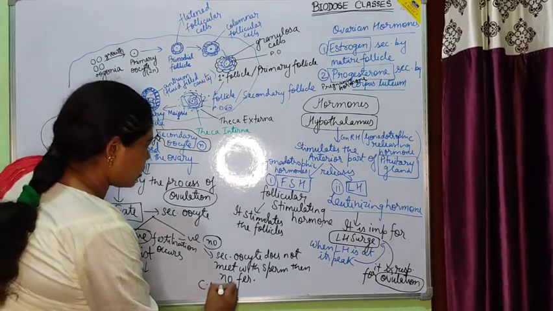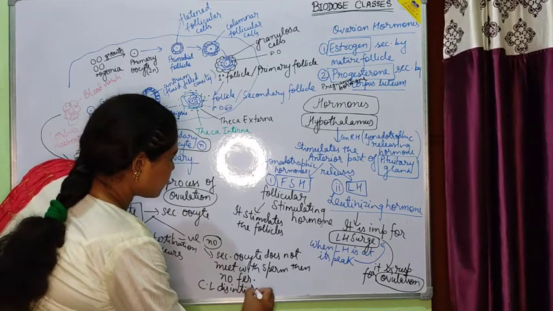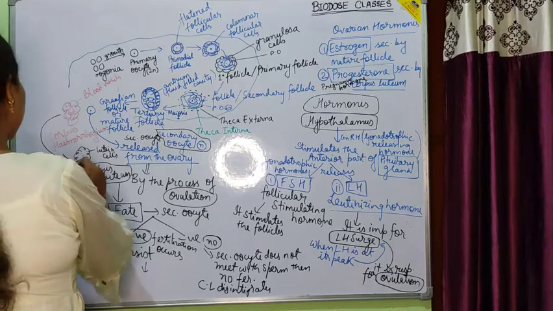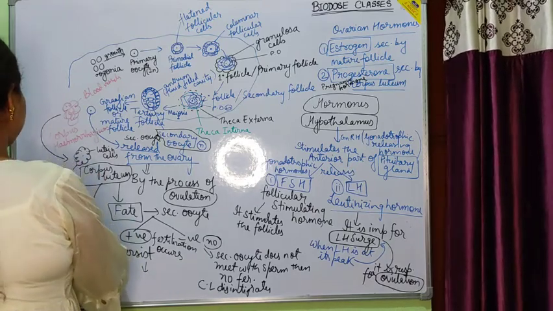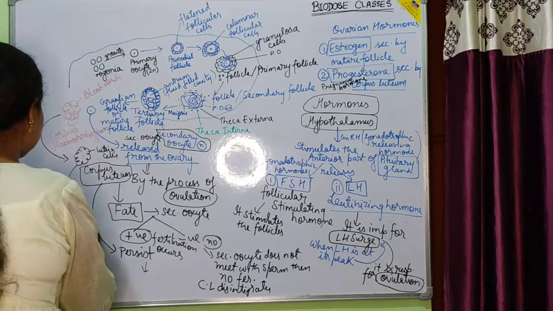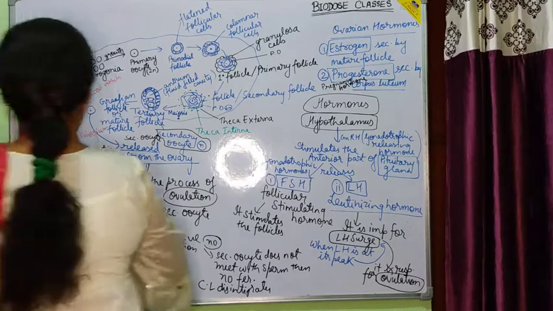Corpus luteum disintegrates, and lastly changes to a structure that is known as corpus albicans.